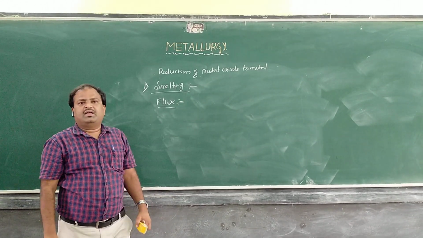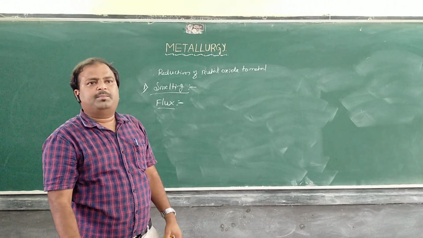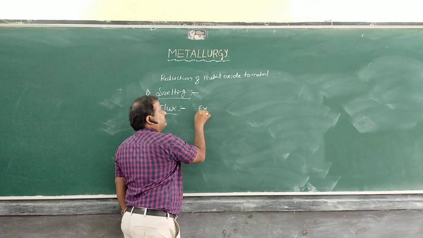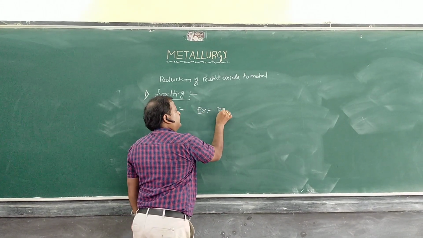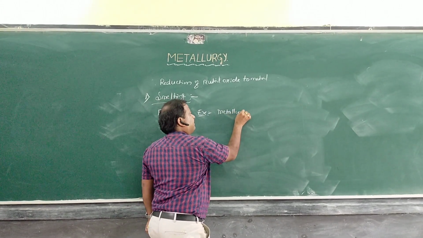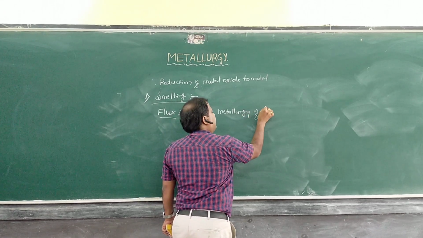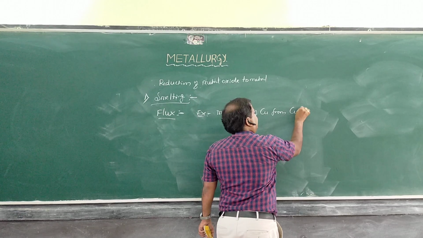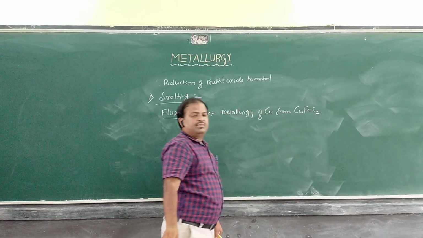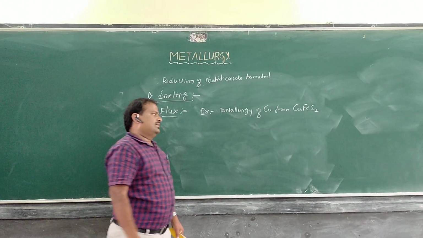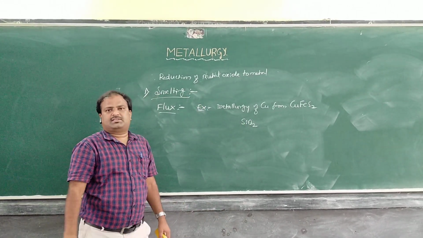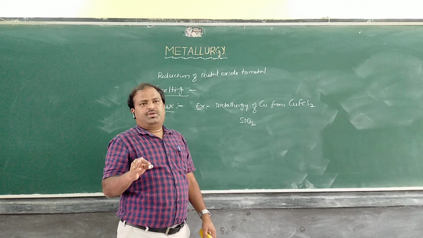For example, in the metallurgy of copper from copper pyrite, CuFeS2. Here silica SiO2 is used as a flux to remove that impurity.